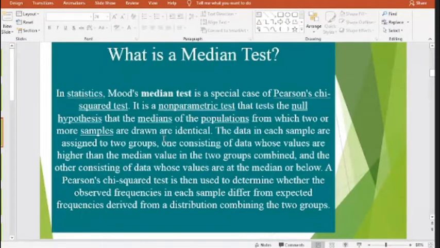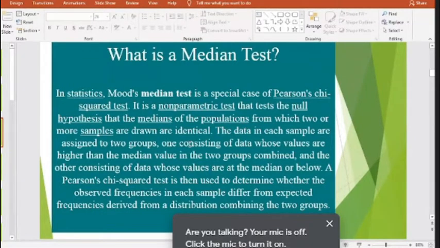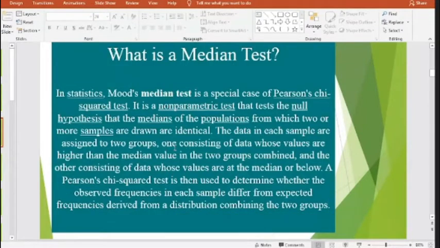In statistics, Mood's median test is a special case of Pearson's chi-squared test. It is a non-parametric test that tests the null hypothesis that the medians of the populations from which two or more samples are drawn are identical.